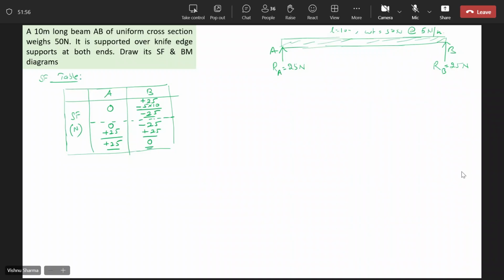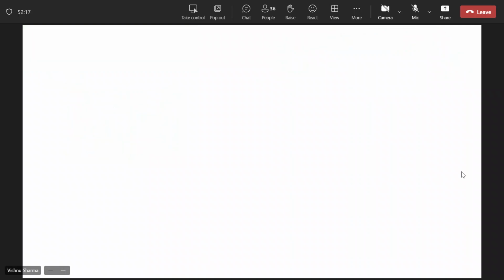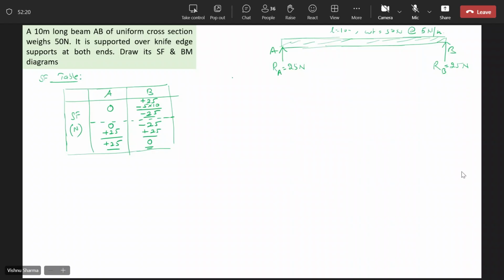Is making of the shearing force table clear to everybody, or anybody has any questions to ask? Class, please tell me. Yes, sir. Clear. Okay. Now we will make the SF diagram based on this, and then we'll move on to BM. We have this plus minus 25, so we'll have both below x-axis and above x-axis.